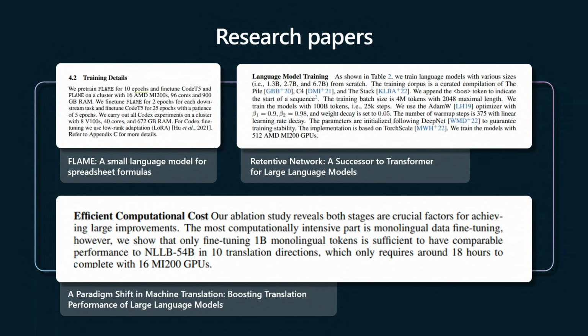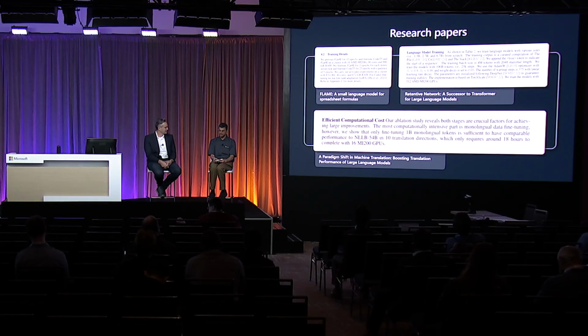And then the last one is a translation model, machine translation. So you translate from one language to another. They were able to take the Llama 2 model and fine tune it, and get good results in 10 different languages. I think it performed pretty well, state of the art results on that.